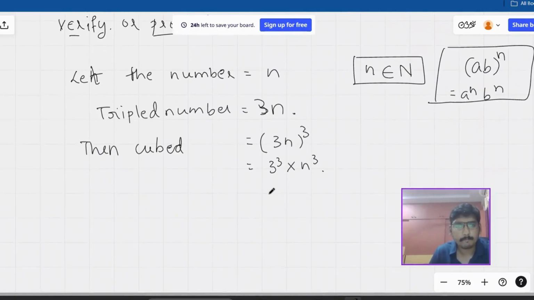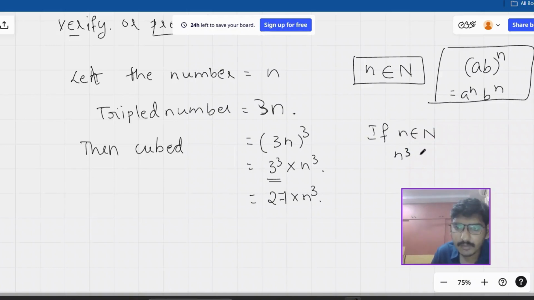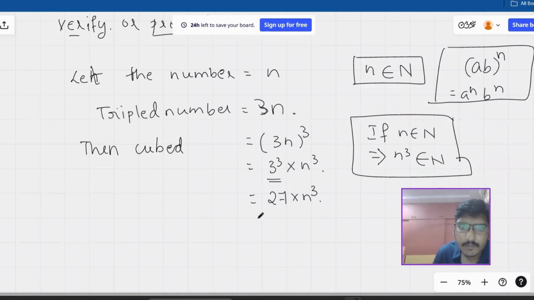Okay, let's see this. 3 cube is nothing but 27 and n cube is n cube. We can say that if n belongs to capital N, n cube belongs to capital N. Therefore 3n whole cube is equal to 27n cube.